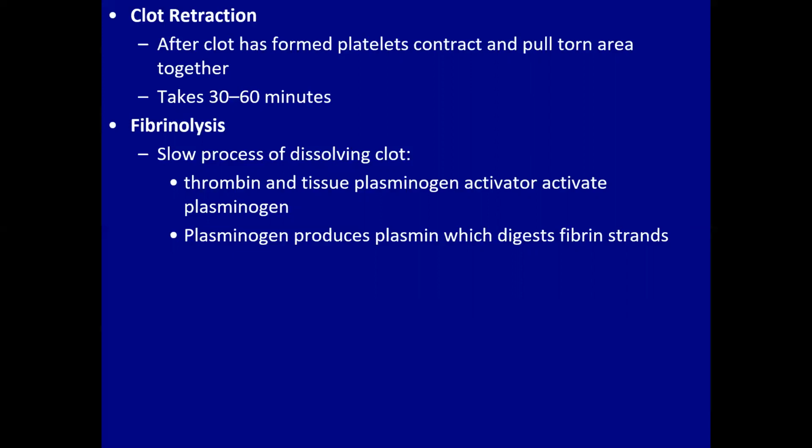Over time, fibrinolysis is going to have to occur, and this is the process of dissolving the clot itself. It's going to take plasminogen that produces plasmin that is going to digest the fiber strands.